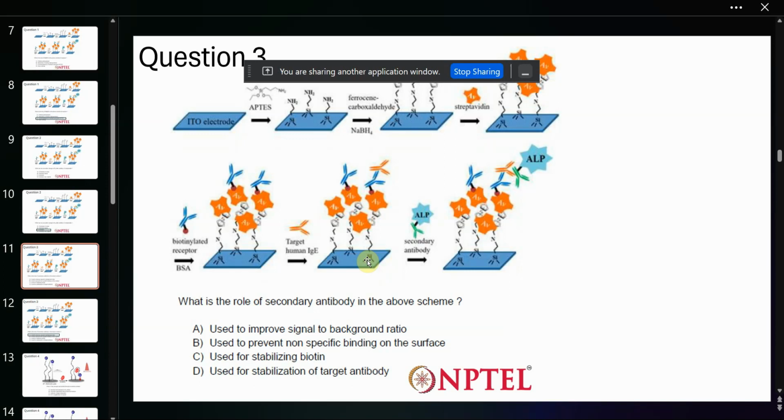So in this, why would a person add the secondary antibody? Whether it will improve the signal to background ratio, whether it will be used to prevent non-specific binding of the surface, for stabilizing the biotin, or for stabilizing the target antibody. So this is basically how you understand it.